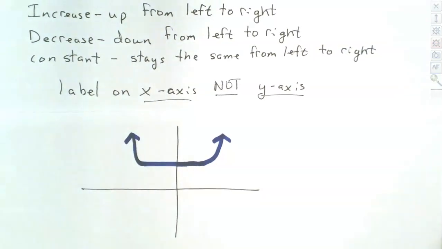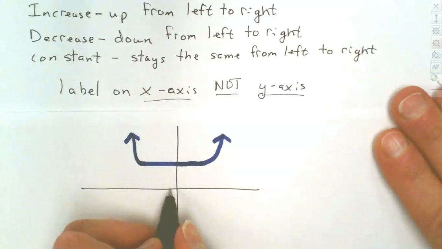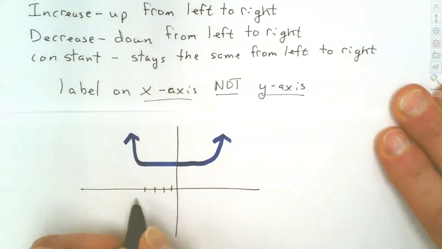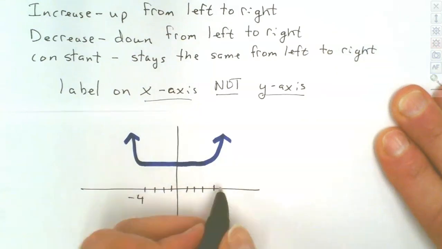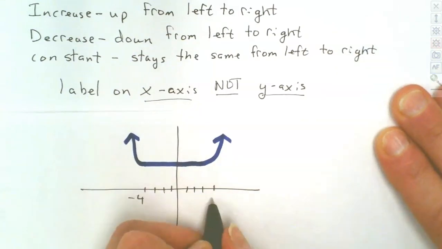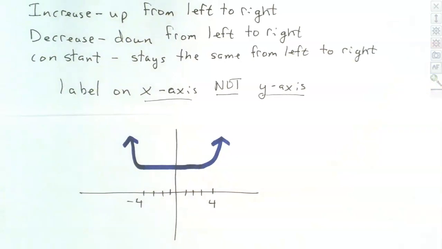Now, when we label it, we have to label it off of the x-axis. 1, 2, 3, 4, and about 4 again. So here's our function.